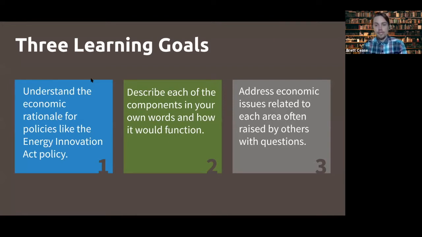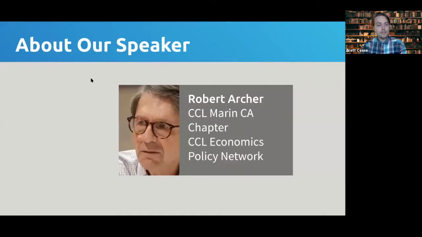And to help get us through tonight's training, we have an esteemed speaker. We have the wonderful Robert Archer, who's an economist by training with a BA from Yale and a master's from the University of Pittsburgh. Bob is a former Peace Corps volunteer and worked on energy reform and regulatory development, as well as energy efficiency throughout Eastern Europe, the former Soviet Union, South and Southeast Asia, with USAID, the Agency for International Development.